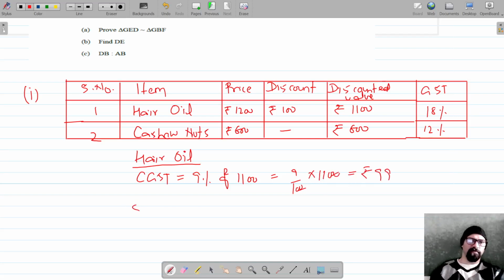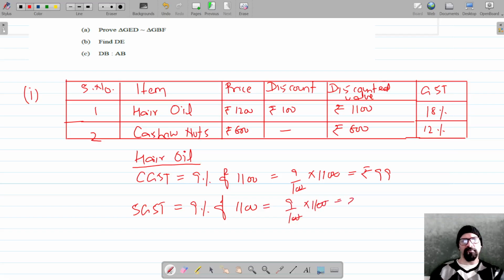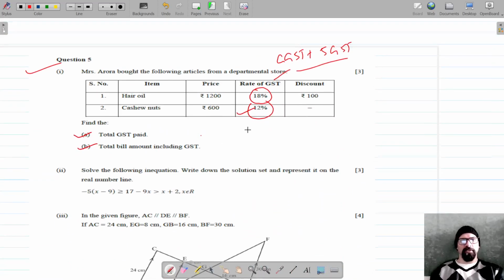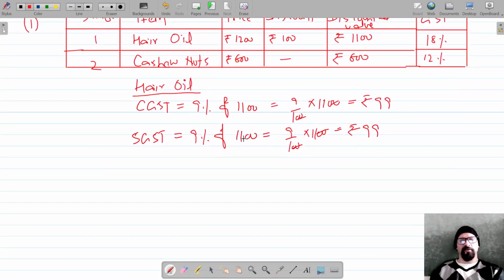Okay, next one is SGST. SGST is also 9% of 1100, so this is 9 by 100 into 1100, which is equal to rupees 99. Okay, CGST and SGST. Now let's find total GST.